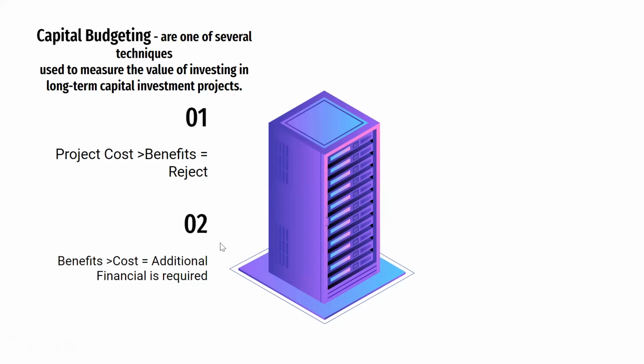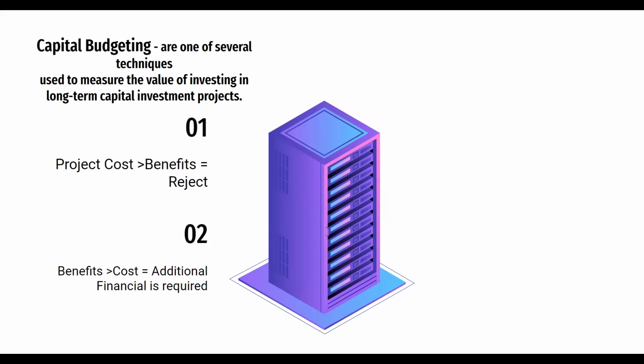If the benefits are greater than the cost, it doesn't immediately mean that this is what the project manager will do. Additional financial analysis is still required. If the benefits outweigh the cost, additional financial analysis is required to determine whether the project represents a good return on the firm's invested capital.